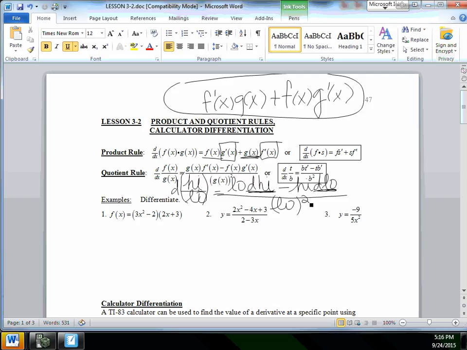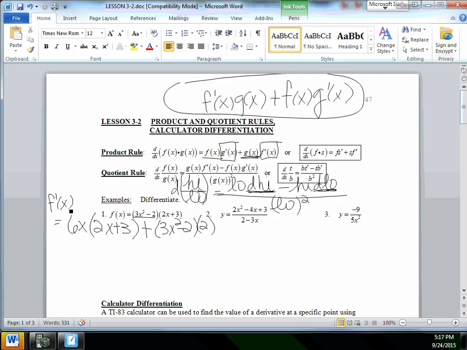So here we go. We take the derivative of the first term, which is 6x. Leave the second alone. Now we go plus, leave the first alone, times the derivative of the second, which is 2. Keep in mind, I'm trying to get you to label correctly, so therefore I should as well.